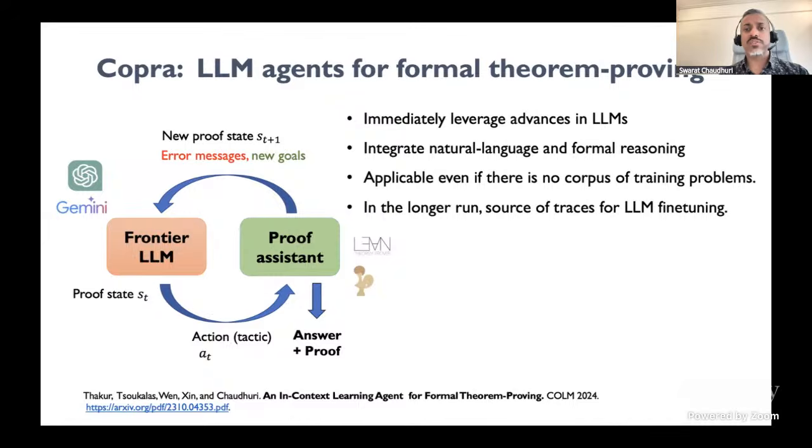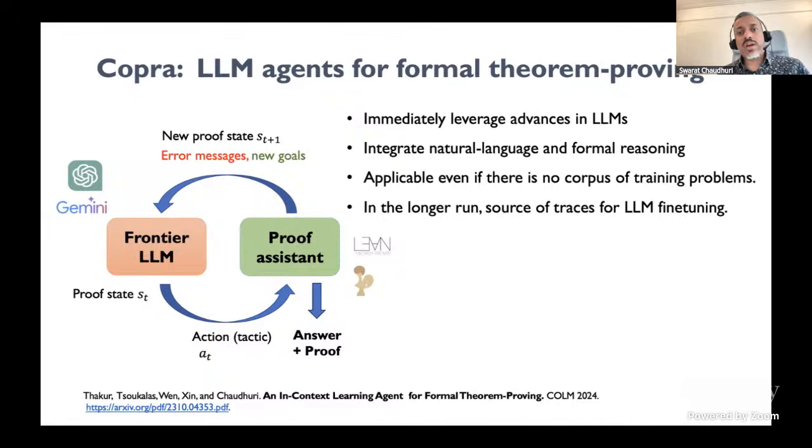For one, because it immediately leverages advances in LLMs. As, for example, you go from GPT-4 to O1 to O3 and maybe someday GPT-5, then you're going to immediately leverage those advances.